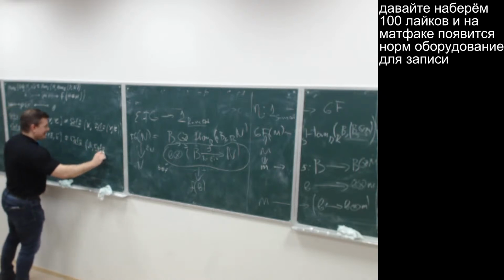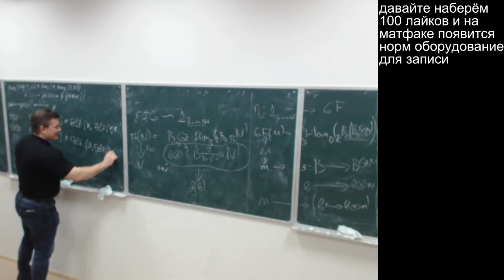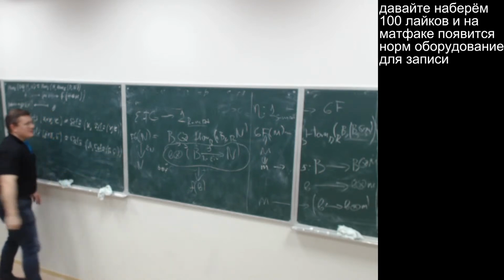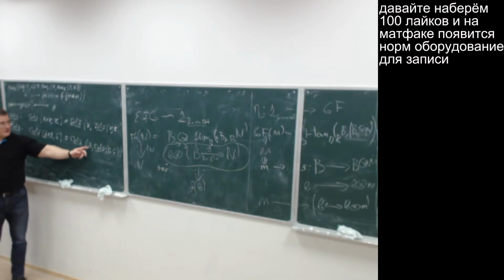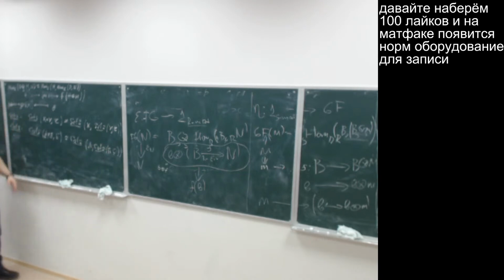A, B, and C are categories, and these are functors. Here we have functors from the product A times B taking values in C. And here we have a functor such that for any object of A, we have a functor B to C. Here everything is more or less trivial, but here you actually need to check something. It's not a completely trivial observation.